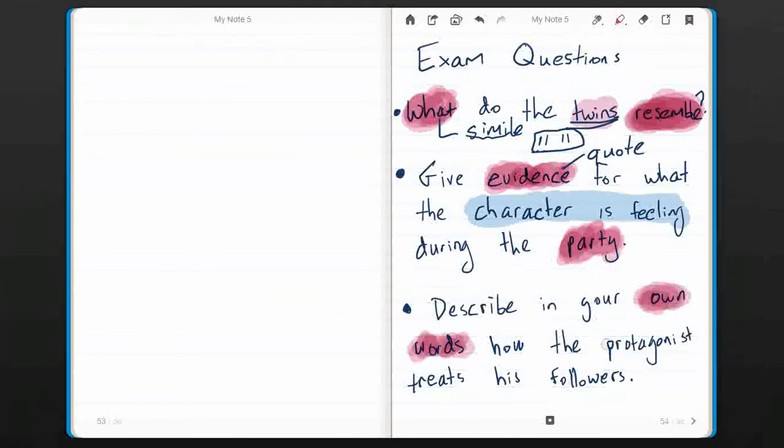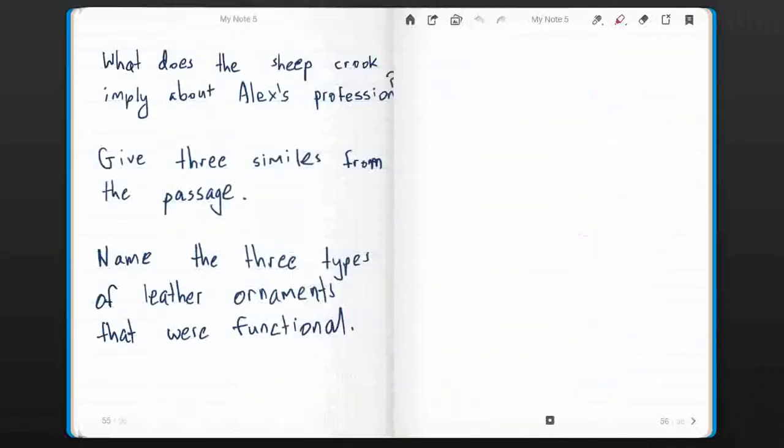The next thing is that you might not know what protagonist means. If you want to guess what a protagonist is, you need to find who has followers. Which character in the story has people following him around, or which character is a leader? That would give you what a protagonist is, and the protagonist is just the good guy in the story. So you can remember that for your exams as well. Describe means you give your own words and you try to tell us how the character is.